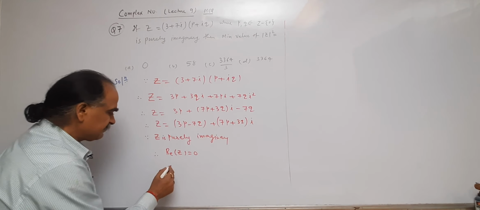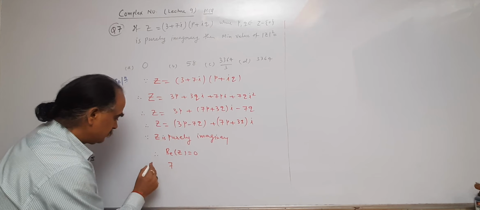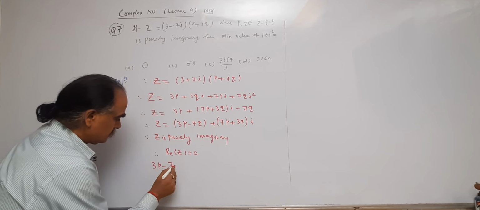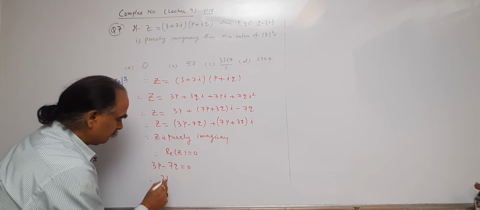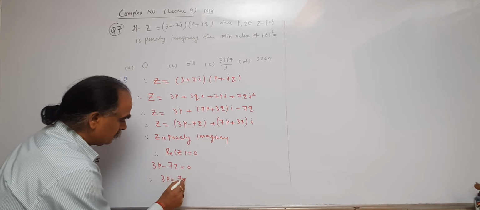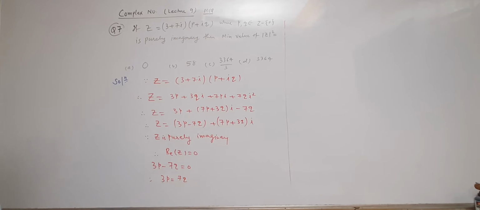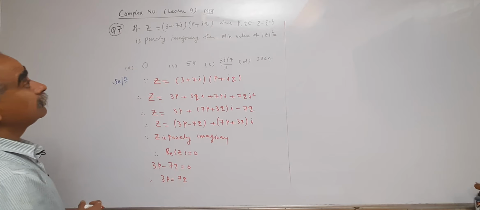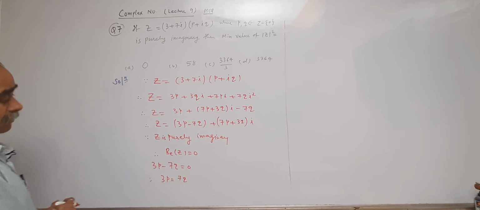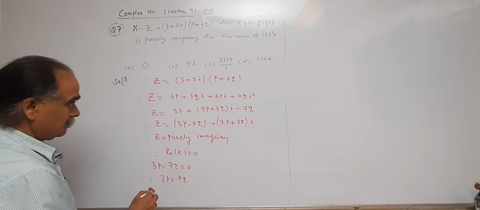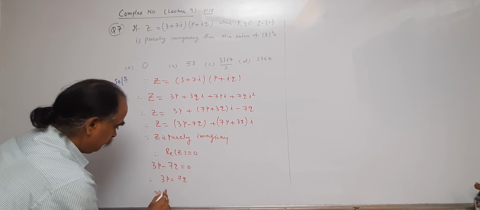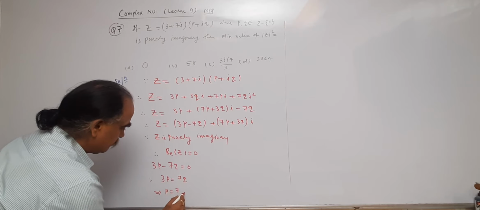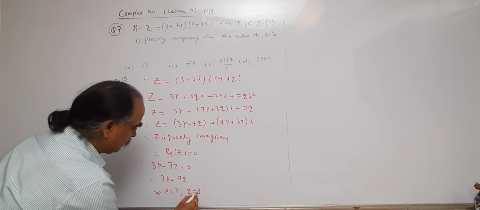So 3p minus 7q is 0, so 3p is equal to 7q. So p will be 7 and q will be 3.